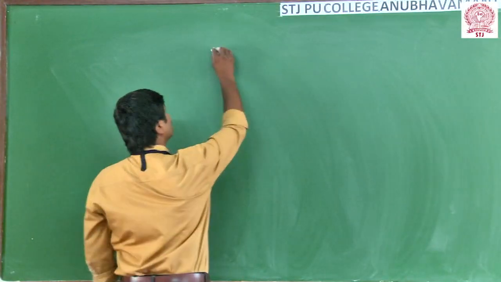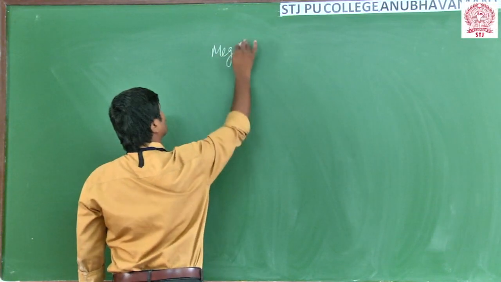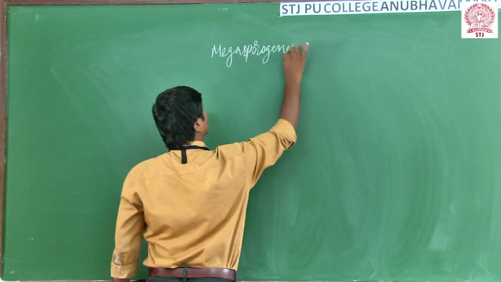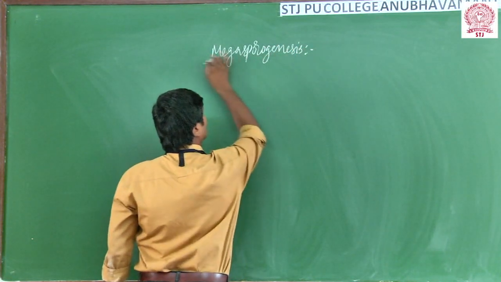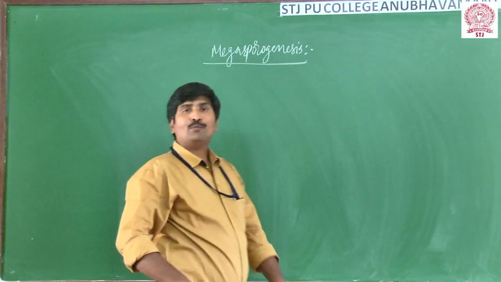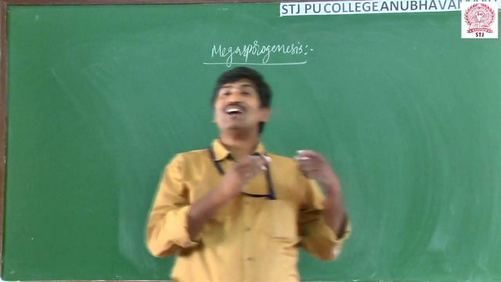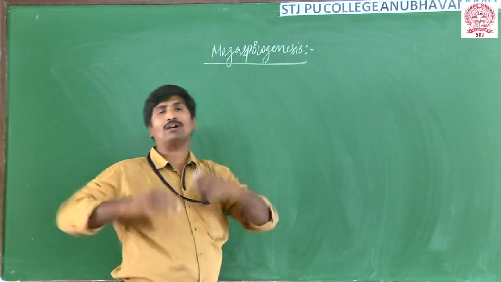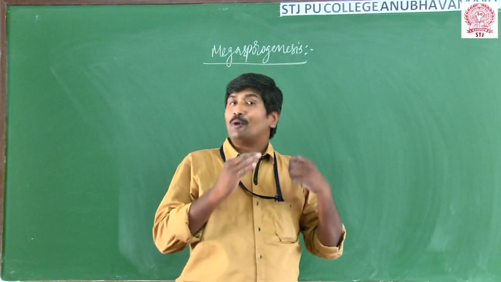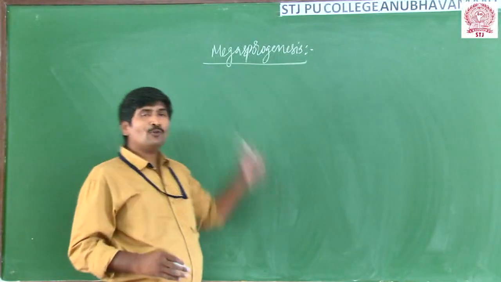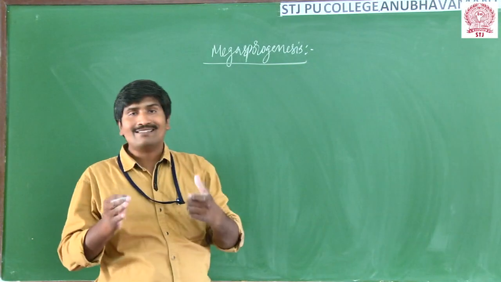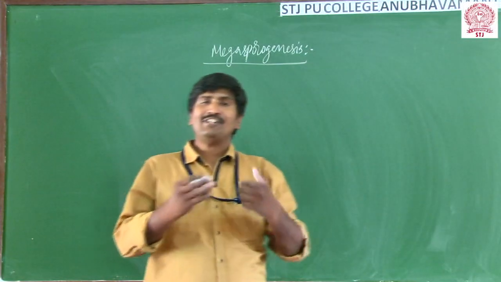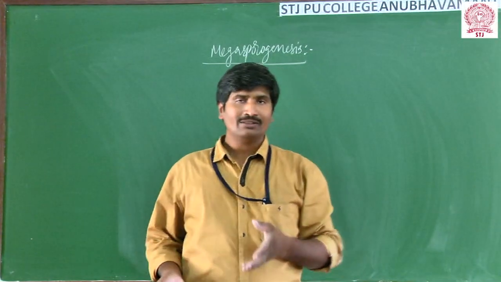Megasporogenesis. Megaspore means megaspores, genesis means formation. The process of formation of megaspores from the megaspore mother cell is known as megasporogenesis. You already know the definition of microsporogenesis.